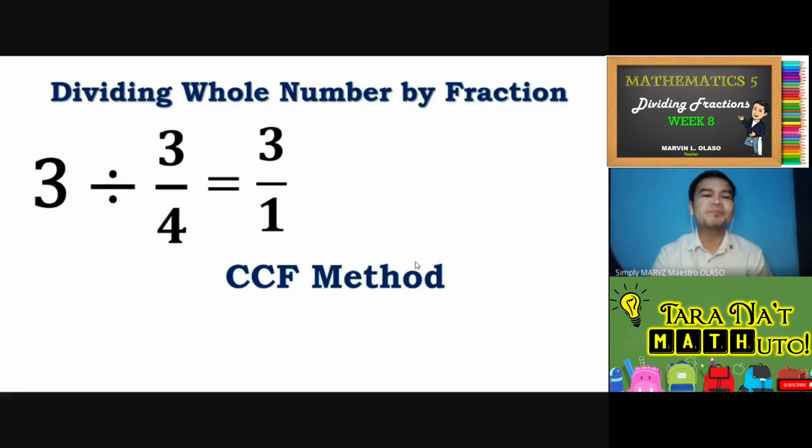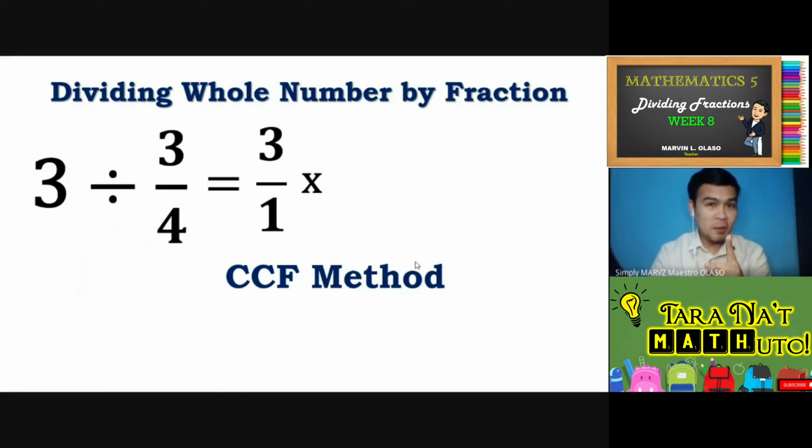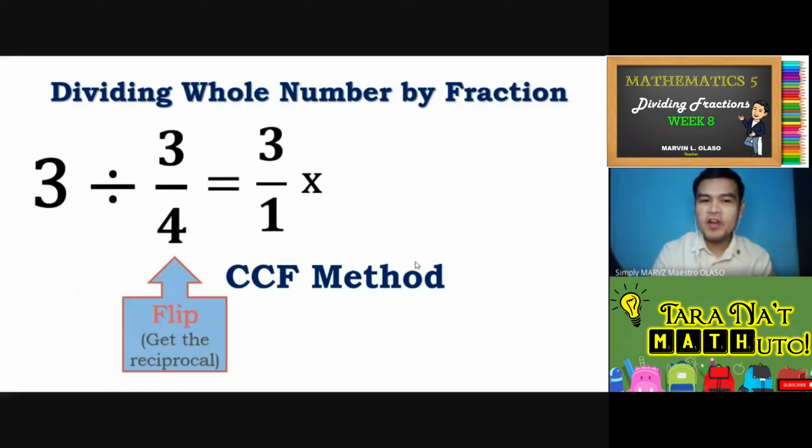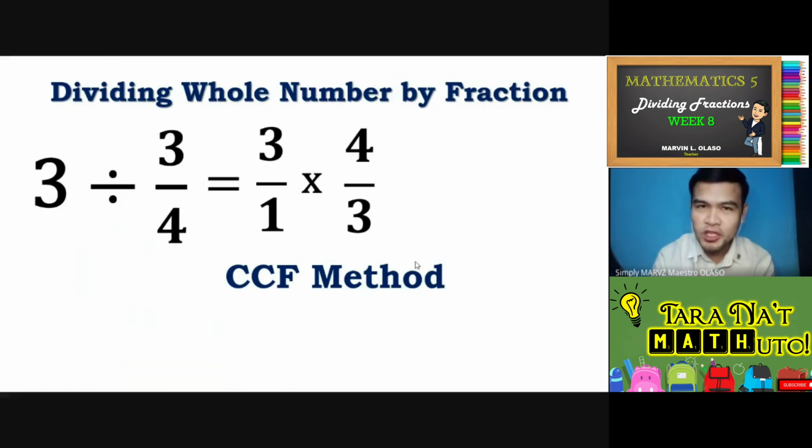Second step, another C. Change that to multiplication. Let's change that. All right. Number 3, F. Flip or get the reciprocal of the divisor 3/4. Baliktarin mo na ang 3/4. It's 4/3. That's correct. Now, let's multiply the fraction.